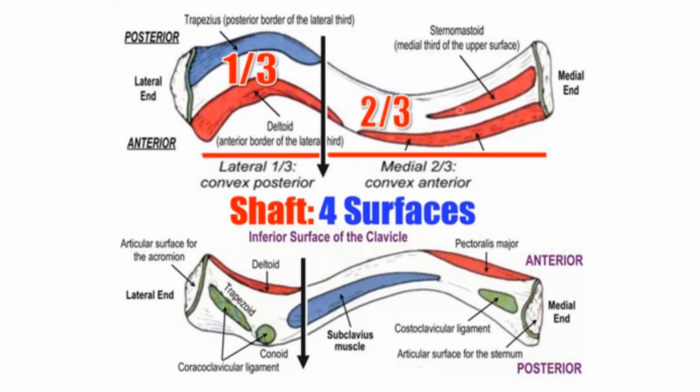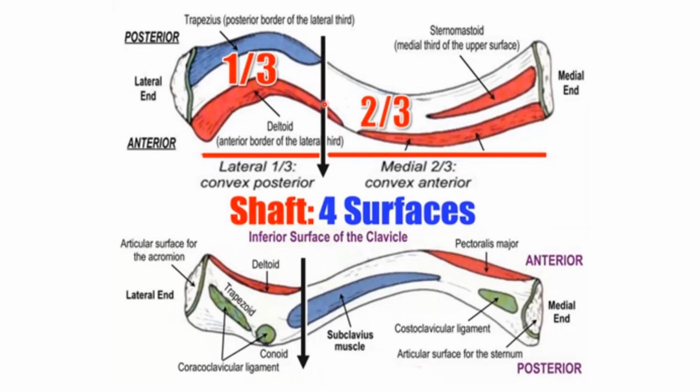The medial 2/3 is convex anteriorly, and the lateral 1/3 is convex posteriorly. The clavicle is the most fractured bone, and the fracture usually occurs at the junction between the medial 2/3 and the lateral 1/3.